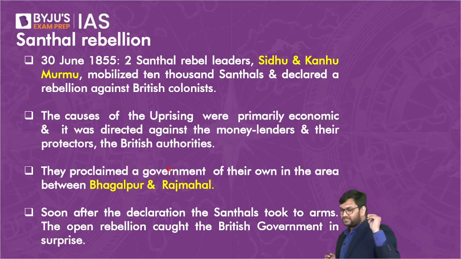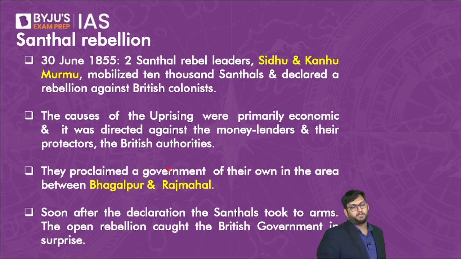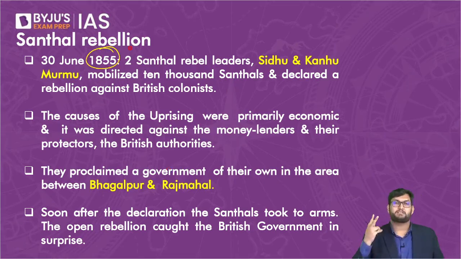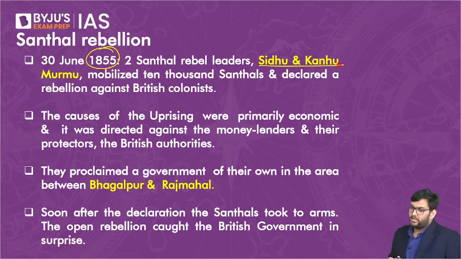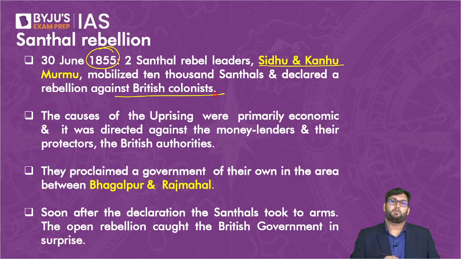Then comes the Santhal, one of the most celebrated along with the Munda uprising. 1855, just 2 years before the revolt of 1857, two brothers, Sidhu and Kanhu Murmu, mobilized 10,000 Santhals to declare a rebellion against the British colonists.